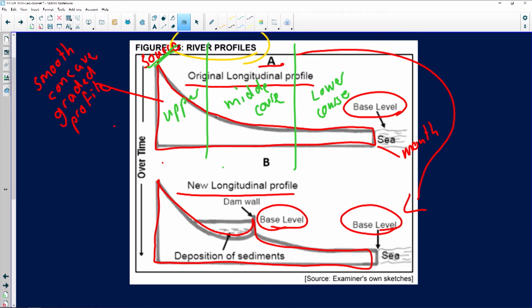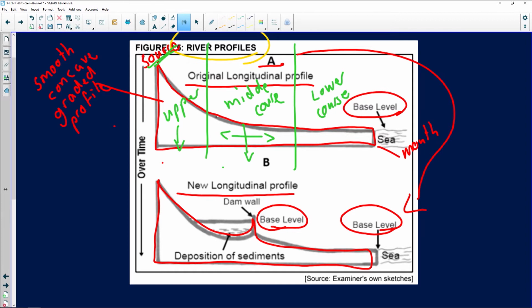Now, very importantly, I'm just going to add these notes over here because they might ask it on Friday. We experience vertical erosion at the upper course. We experience lateral and vertical erosion at the middle course. Why vertical erosion? Because it's steep at the upper course.